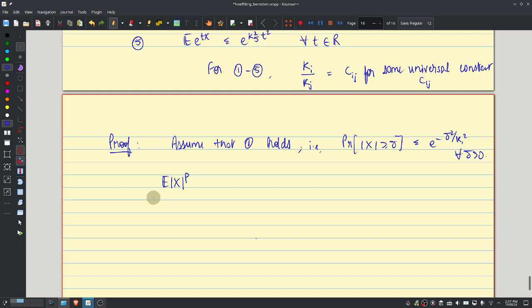Not MGF. So for a non-negative random variable x, there was an expression for the expectation of x, right? It's sort of using a tail probability, but exact.